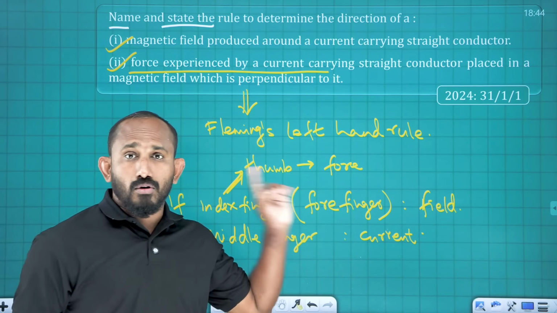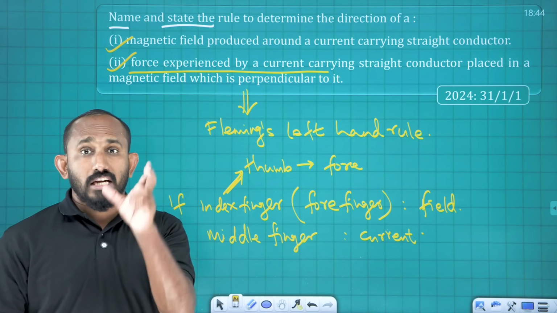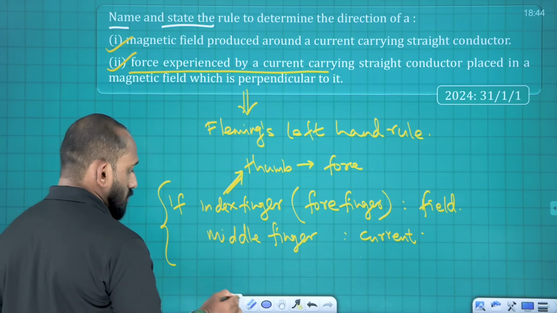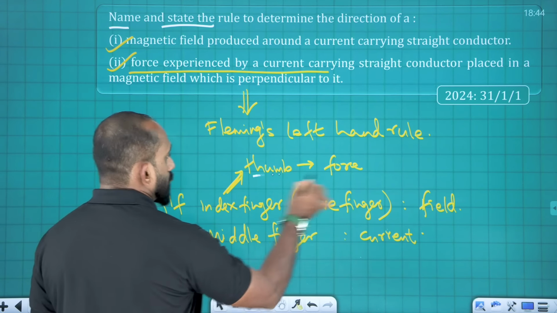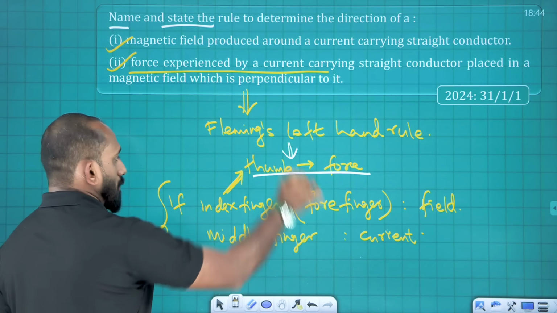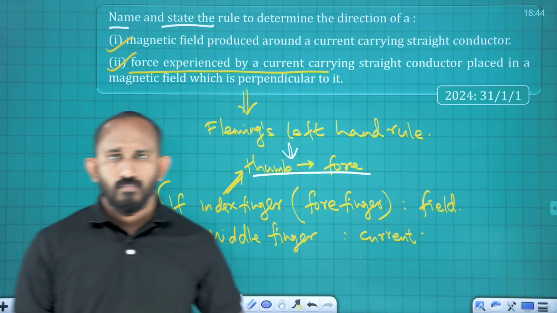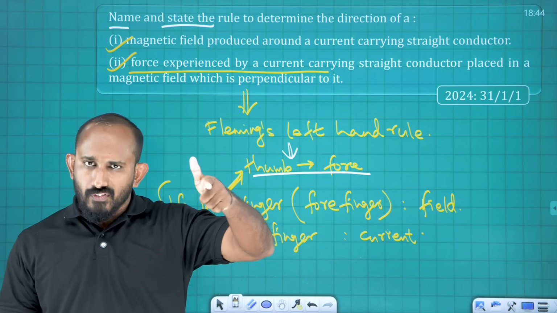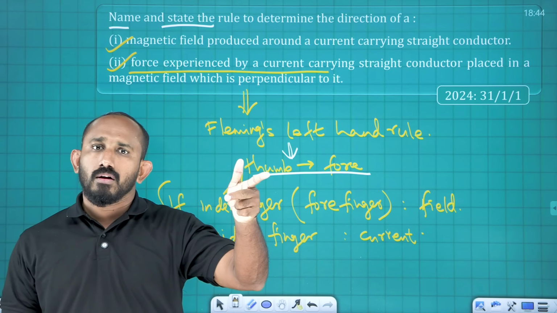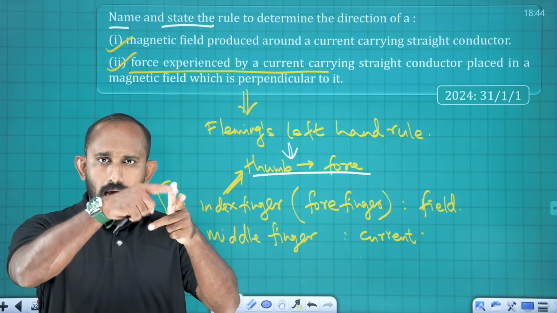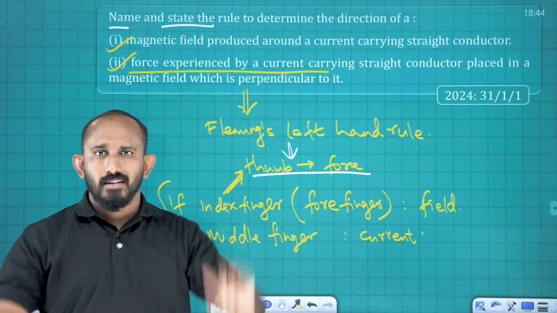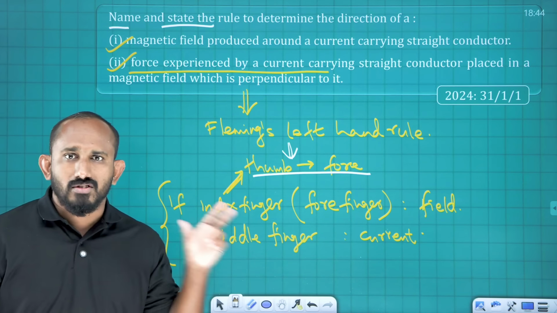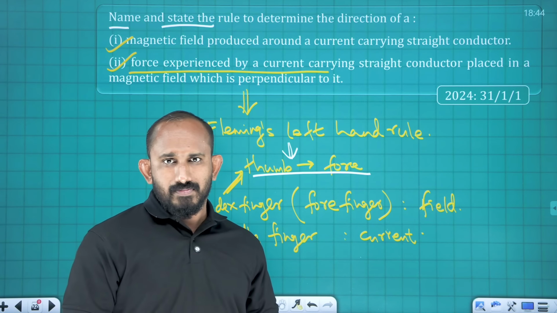So already in the 1 mark questions you made use of it. So statement is very important and the exact statement too. So if these two happen, then we get thumb as the force. That is what Fleming's left hand rule is. Thumb for force, index finger for the magnetic field, middle finger for current. FMC, FMC. Any code you can use to keep in mind. So make sure you get the statement.